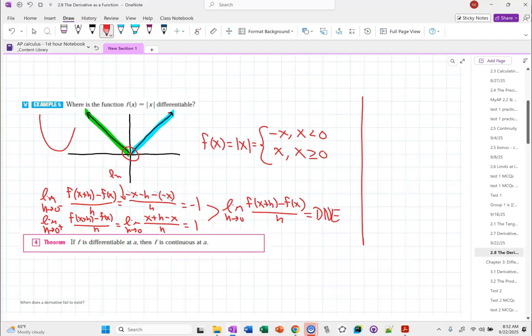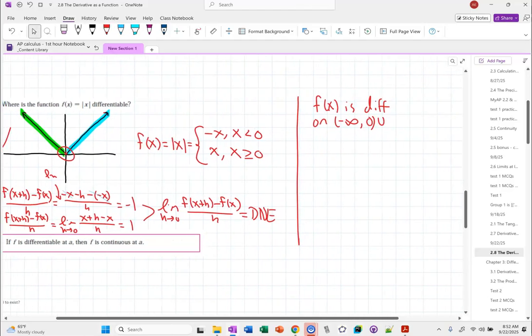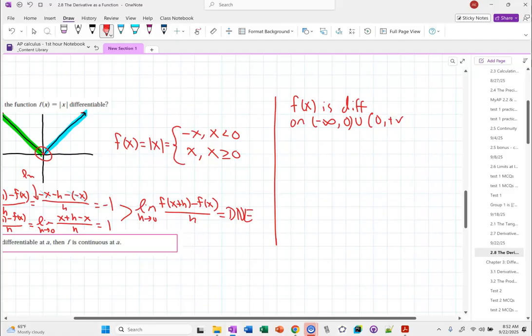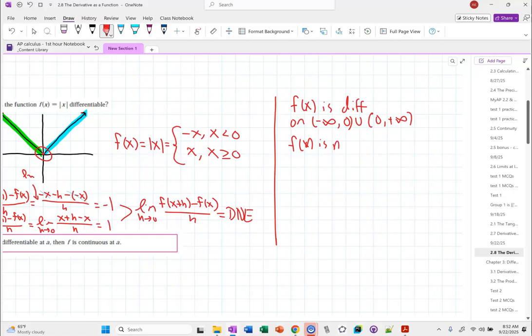So what is our conclusion? We'd say that it is differentiable from negative infinity to 0, and 0 to positive infinity, but it's not differentiable at x equals 0.